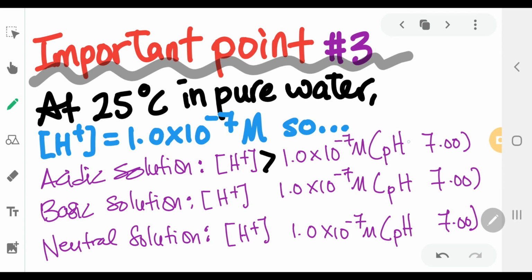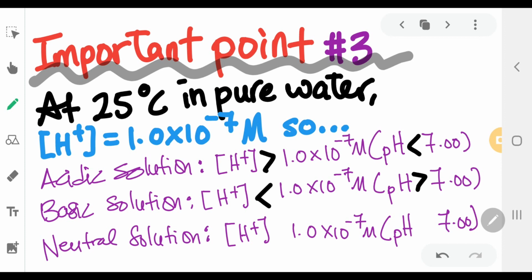Therefore, the pH will be lower. Okay? And for basic solutions, the concentration of H+ will be lesser than 1.0 times 10 to the power of -7, and thus the pH of a basic solution would be bigger than 7.